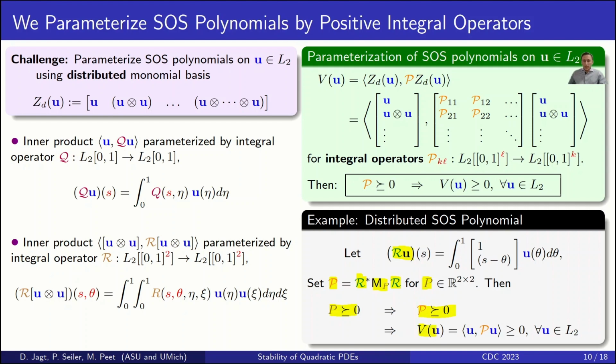And as a result, this quadratic polynomial will be positive definite as well. So in this way, we can parameterize a cone of positive semi-definite polynomials using positive semi-definite matrices.